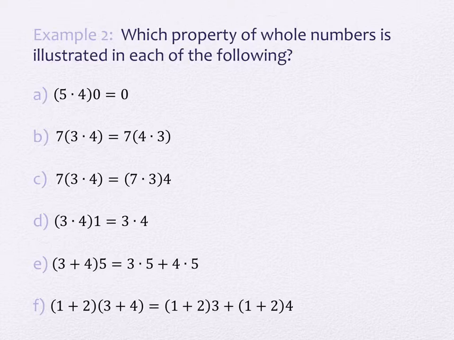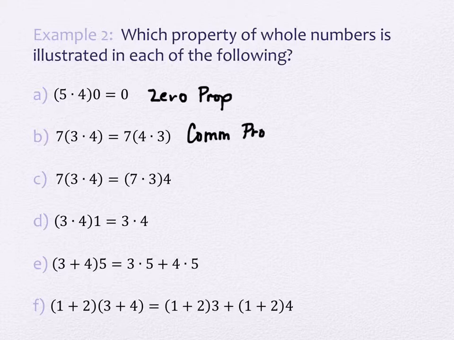Mostly? Okay, good. What did you get for the first one? Which property is that? Good, that's the zero property. How about the second one? So the second one is the commutative property. And you guys are writing out the actual words. I'm abbreviating just so that we can move on with it. But how about the third one, C?